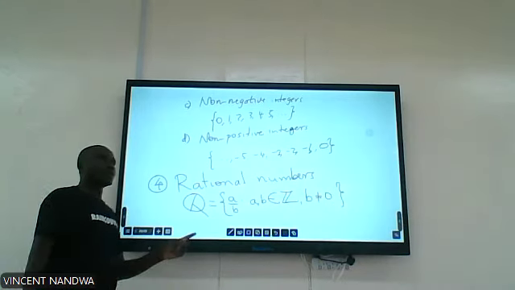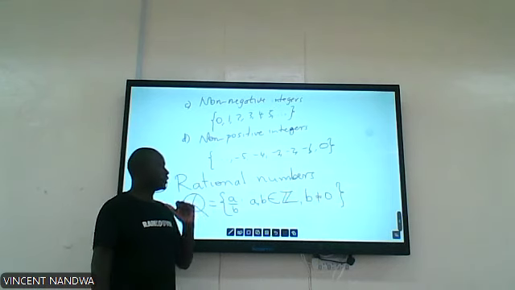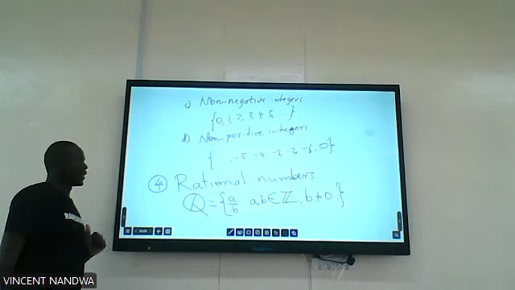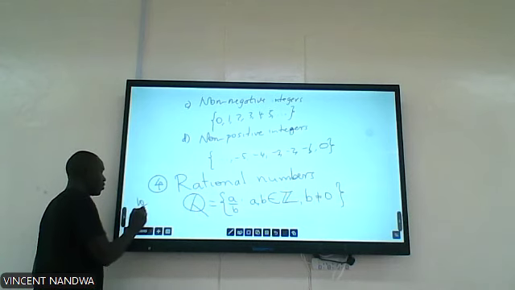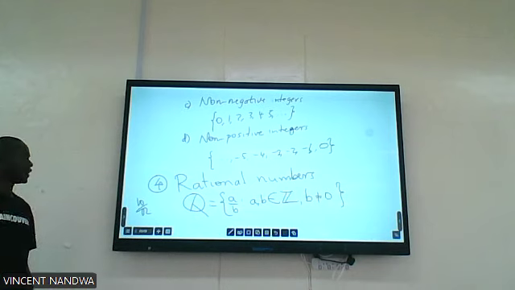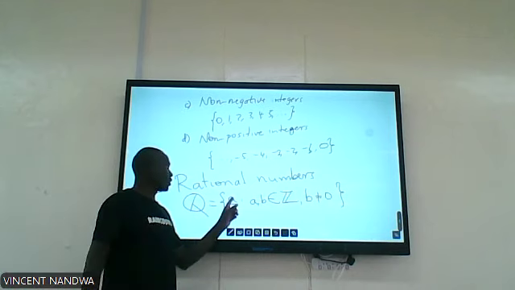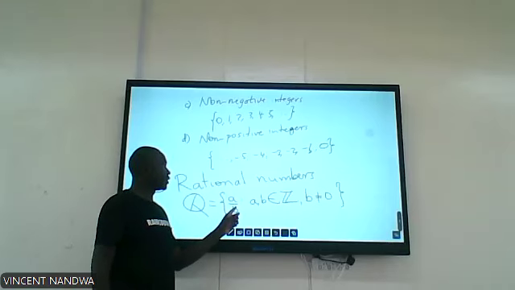Sometimes we add that the GCD of A and B should be 1, but a number like 10 over 12 is still a rational number. So numbers of the form A over B, such that.